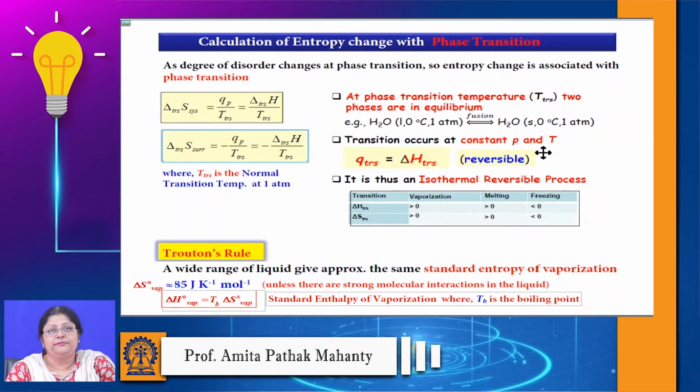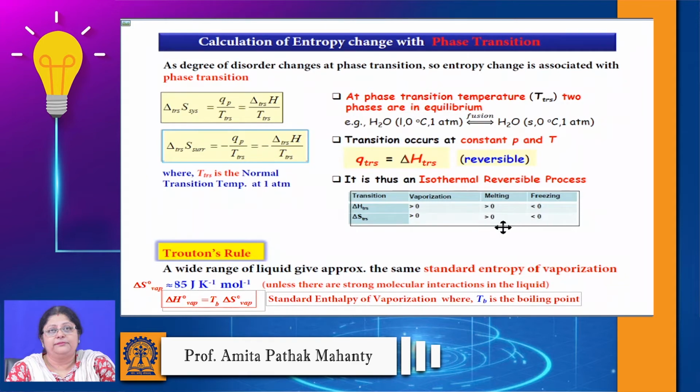So for all of these systems you have taken, whether it is melting or evaporation or freezing, you can compute the entropy change of the system and then eventually calculate the entropy change of the surrounding, and then you can compute the entropy change of the universe by adding the two.